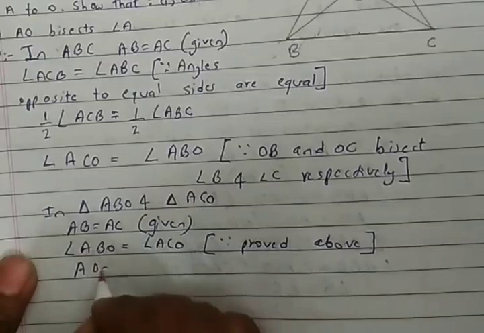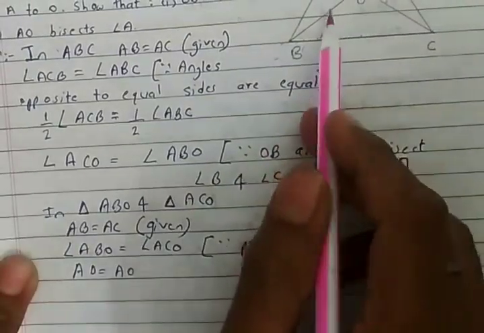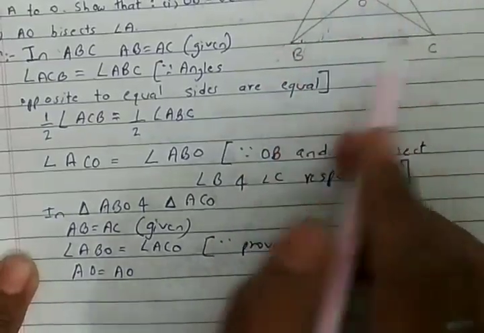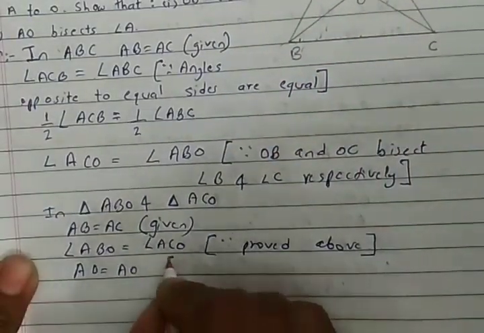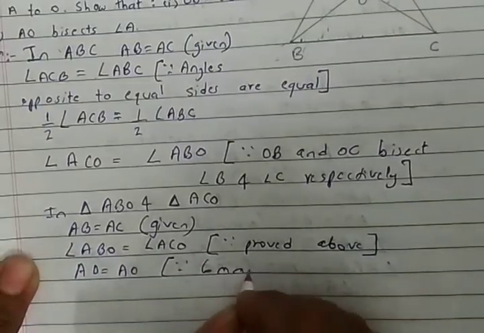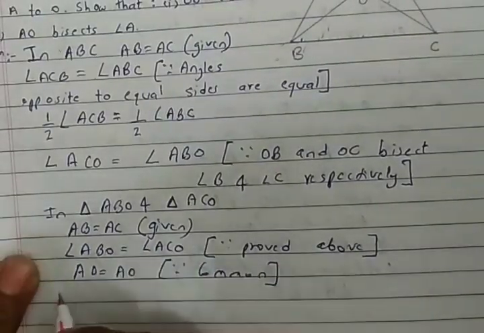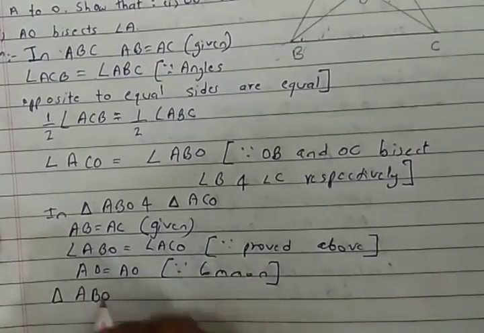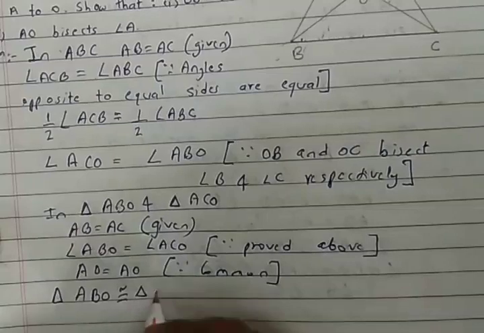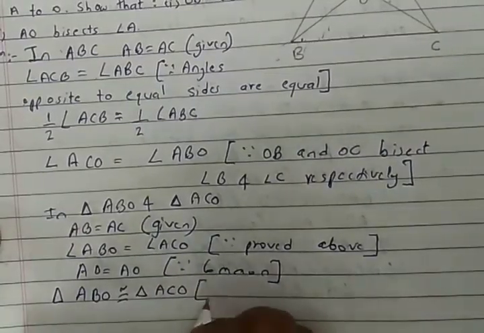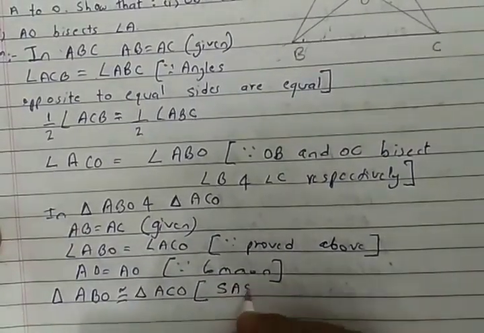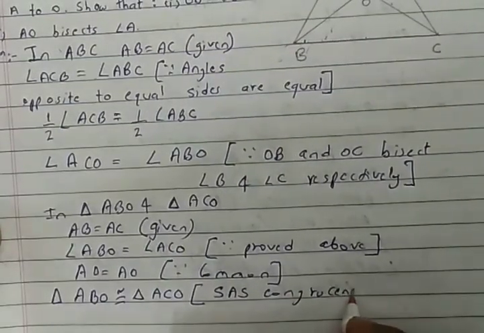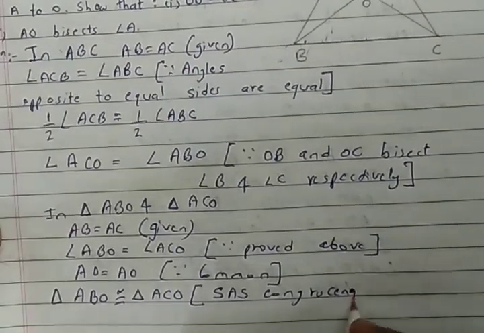Now AO is common for both triangles, so you have to write it because it is common. So now you can prove that triangle ABO is congruent to triangle ACO. How can we say that? Because of side angle side congruency rule.